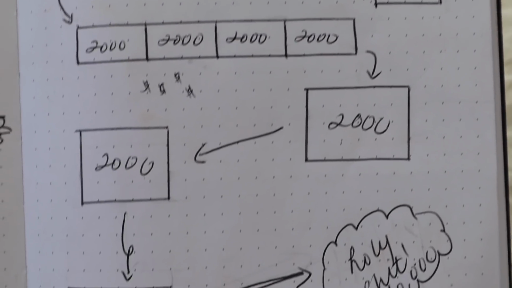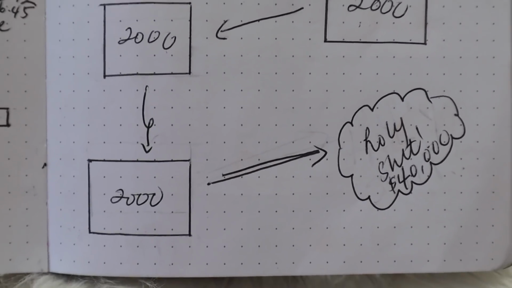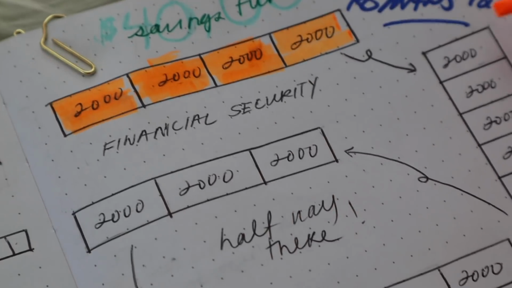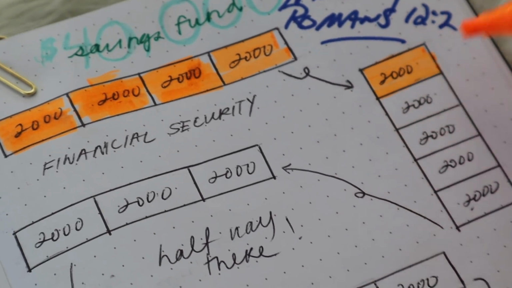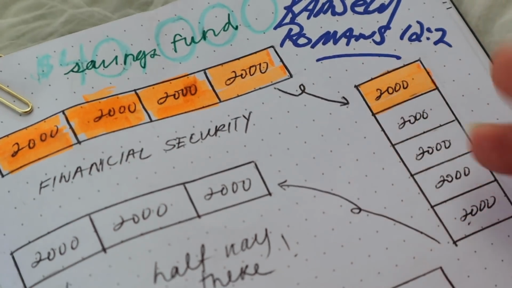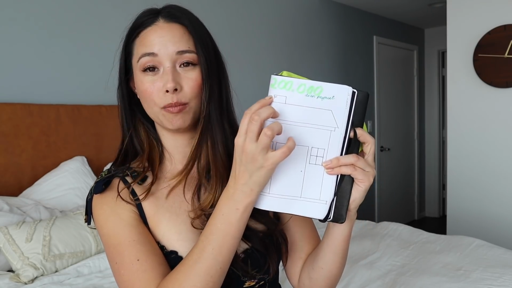I use boxes because they're very easy and very simple, and I don't have a very artistic bone in my body. I tried to do a house for my house down payment, which won't happen for a while, and every little house block represents $300, but at the very most, it's simple.